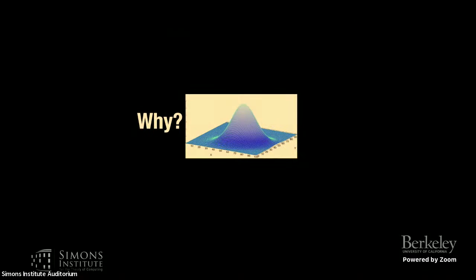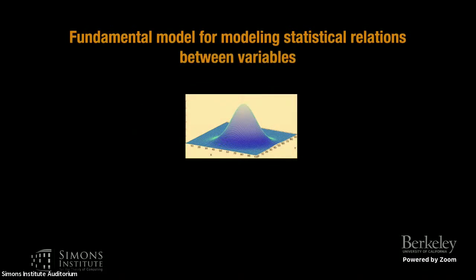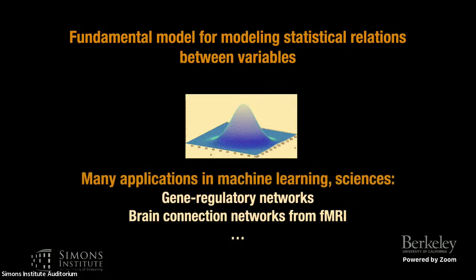Why are we looking at these GGMs? Well, there's a very nice model for various statistical relations between variables, especially in applied sciences. I found many applied works which use GGMs to model the distributions that they're facing. And people have also used them for various network data, but I don't want to go into these things too much today.